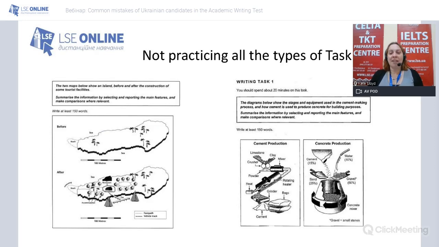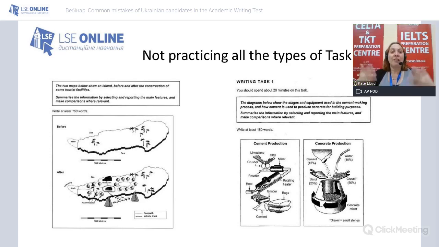Maps is not very common at all. Maybe like once a year or something, very rare. But you don't want that very rare once a year to be your IELTS test, do you? If you haven't prepared. So with maps, you might get 2 or 3 maps to compare. And the language again is different.